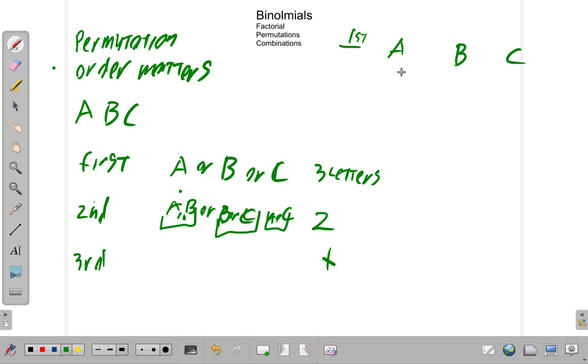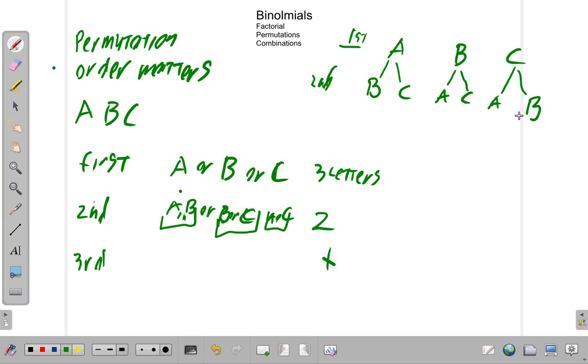For the second letter, if you put A first, you'd have to put B second, or you'd have to put C second. If you had put B first, you would have to put A second or C second. Or if you had chosen to put C first, you'd have to put A second, or you could put B second.